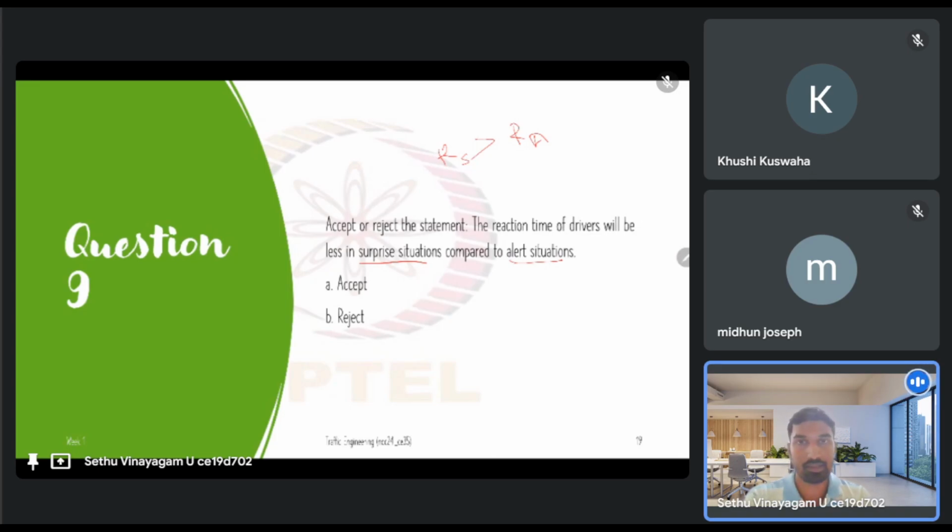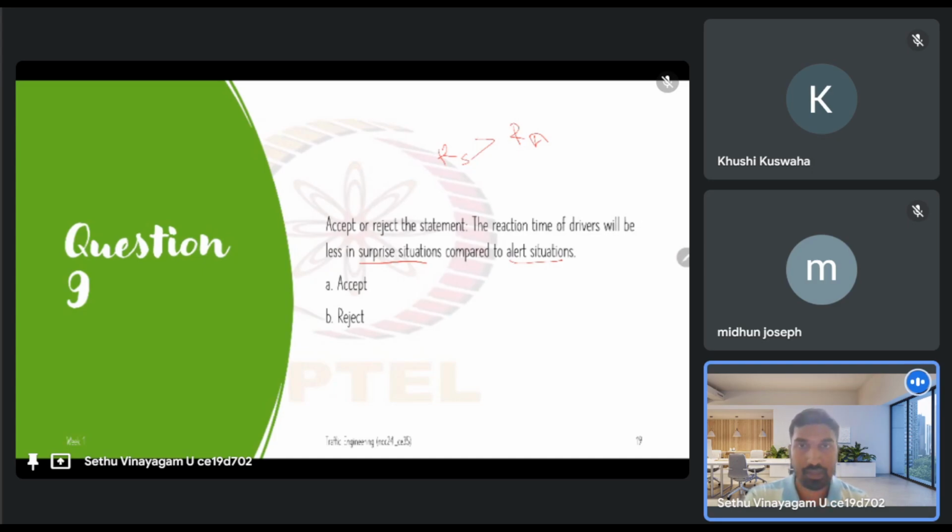For example, we consider 1 second as reaction time in signal design. That is much lower than the reaction time, for example, when we are calculating the stopping sight distances. When we are in an alert situation, we'll be expecting things to change, and therefore we'll be ready to react to it.